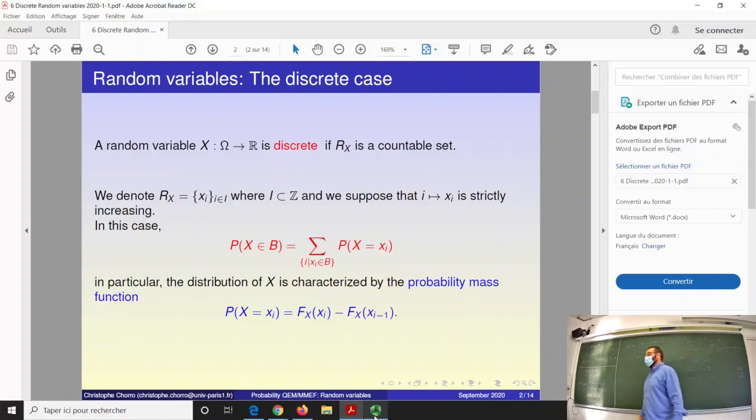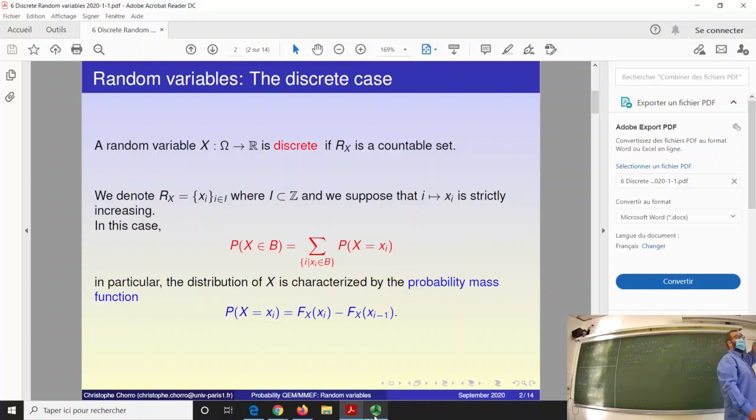Okay? But what is interesting here is that I am countable. Here you have a countable union. In the case of a discrete random variable, you have a countable union. Something that is not true if you don't suppose that capital X is discrete.